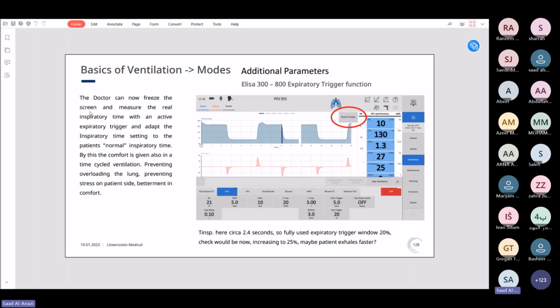Okay. Also, we have options in our ELISA 800 that mean the patient can freeze. By here, you can freeze the screen and analyze the data, such as the peak inspiratory pressures and the flow. You can just freeze it here and scroll and analyze it.